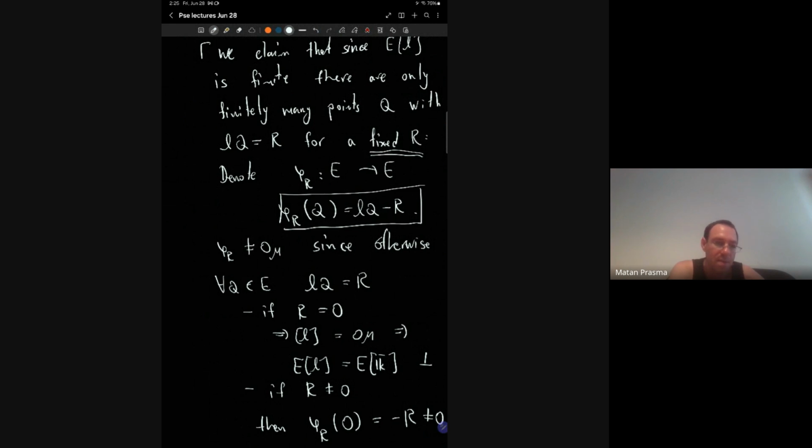Right? It's the points Q such that LQ minus R is equal to 0.